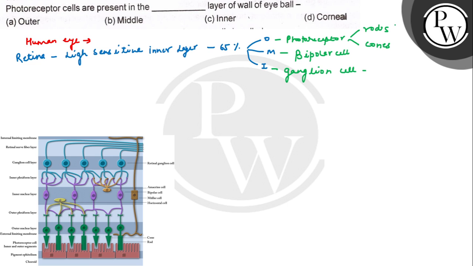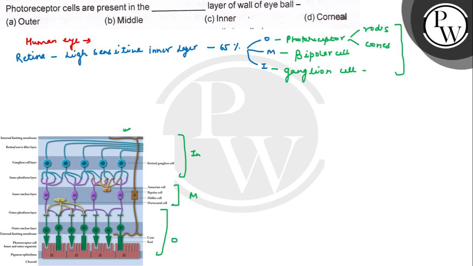If we relate this with the diagram, this is the outer layer, this is the middle layer, and this one is the inner layer.